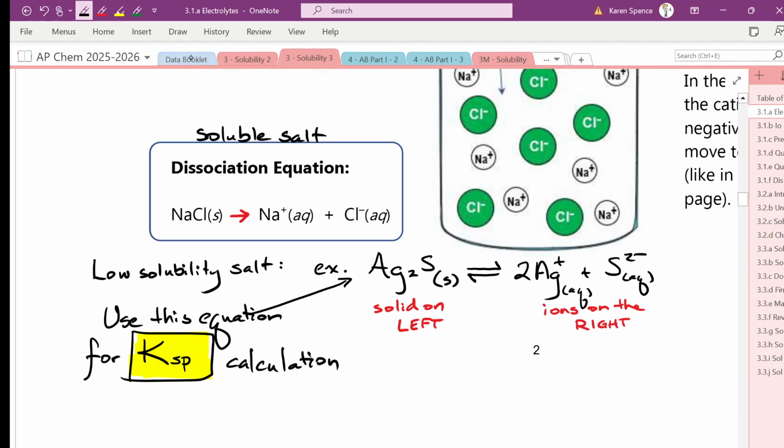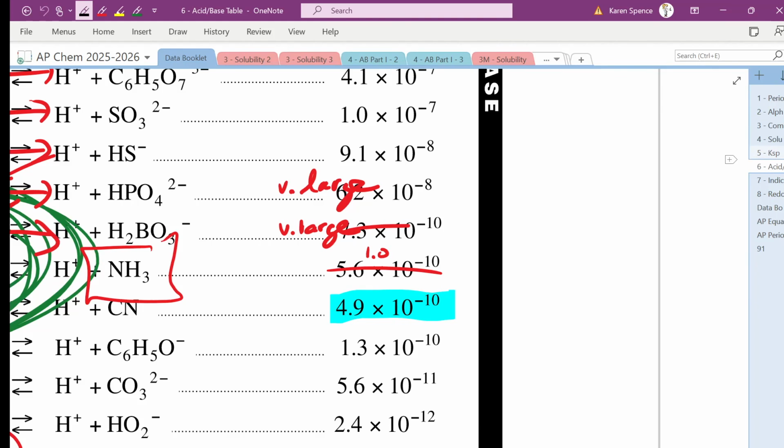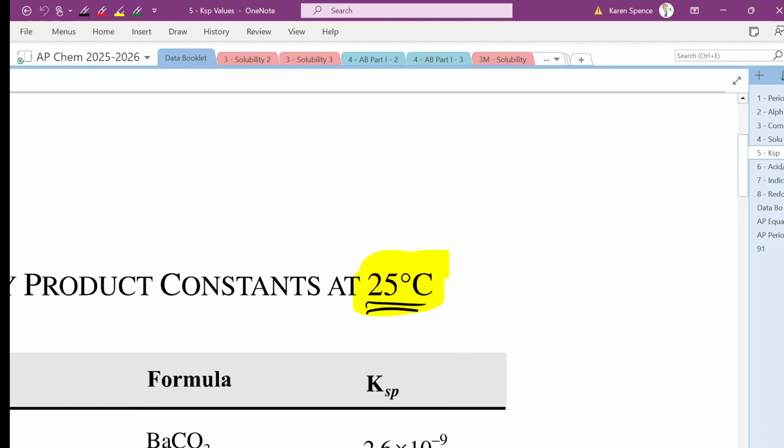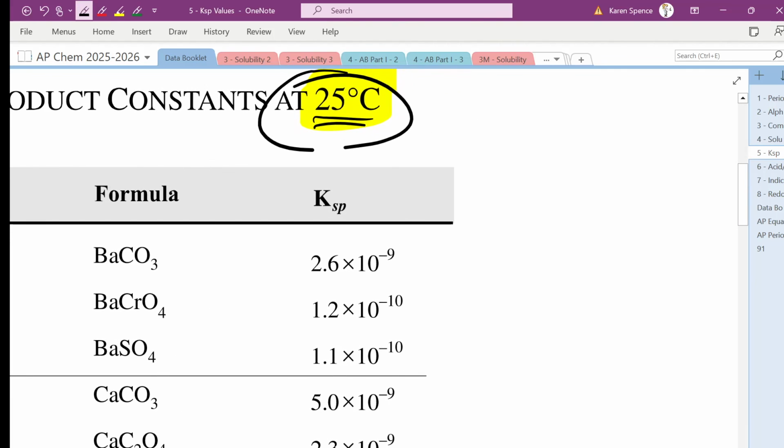In our data booklet on page 5, we are given a bunch of Ksp values at 25 degrees Celsius for a bunch of compounds. For barium carbonate, we would have BaCO3 solid in equilibrium with Ba2+ and CO3 2-. That's always the way that equation is written.